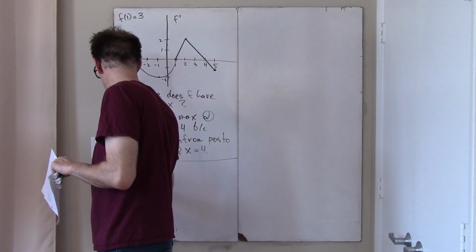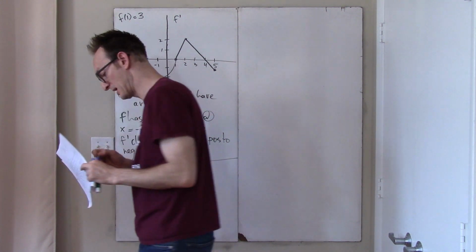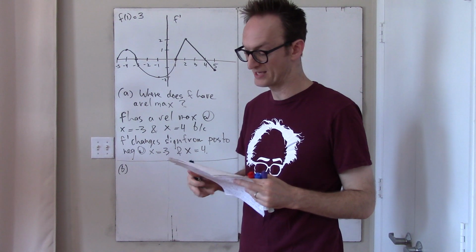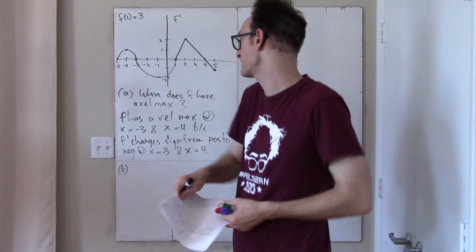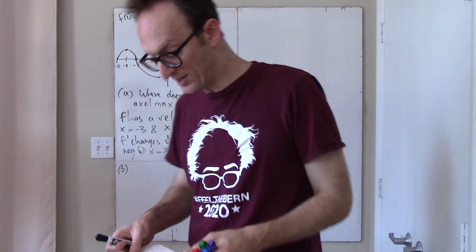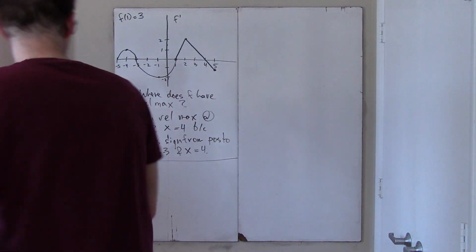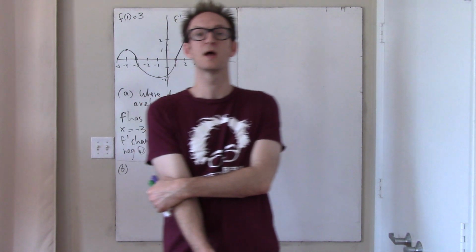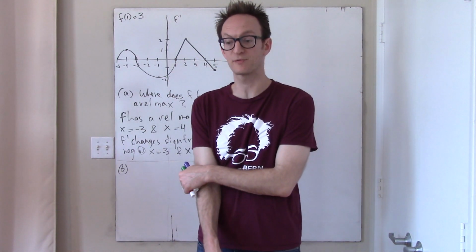What does part B say? Part B says, find all values x at which the graph has a point of inflection. Justify your answer. I think this is tricky because different teachers and different textbooks define point of inflection slightly differently.